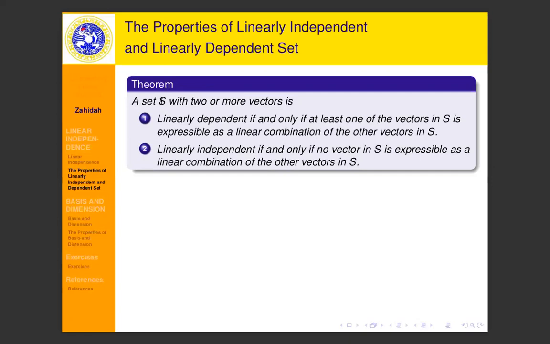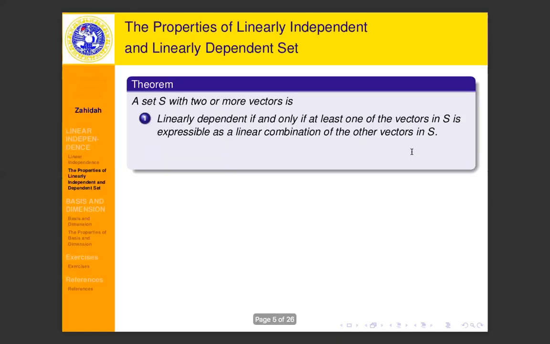Our set S is linearly dependent if and only if at least one of the vectors in S is expressible as a linear combination of the other vectors in S. Our set S is linearly independent if and only if no vector in S is expressible as a linear combination of the other vectors in S.